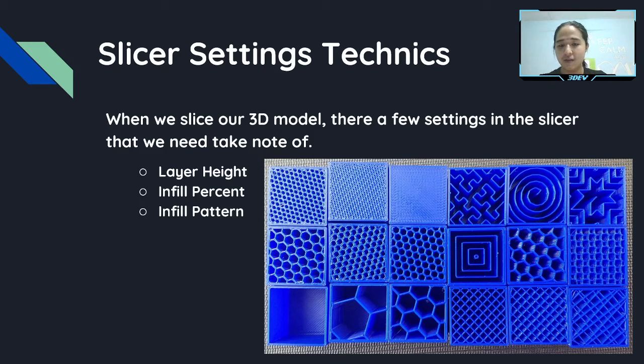Apart from that, if you want to print a strong model, it also depends on the infill percentage and the infill pattern that you are using. In a future video, we will be discussing how you can increase the toughness of your print by changing the infill percentage and the infill pattern. If you want a squishy model, a very small, soft model, this is also affected by the infill percentage and the pattern.